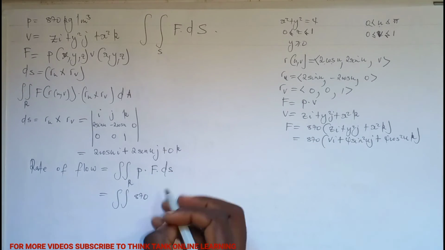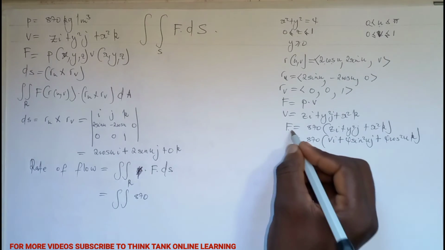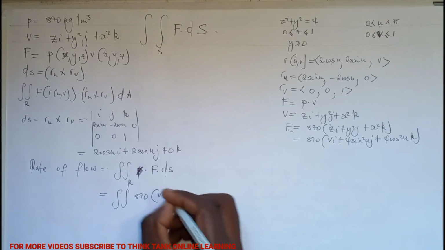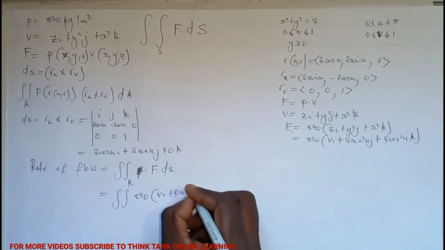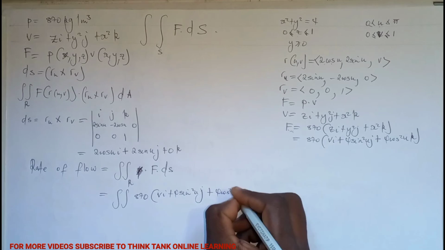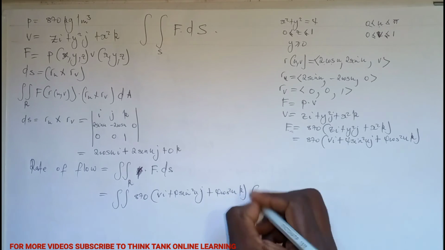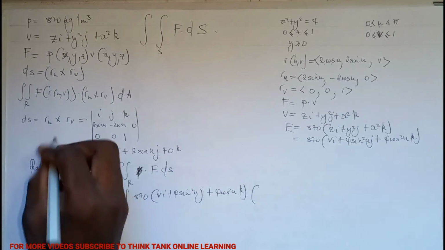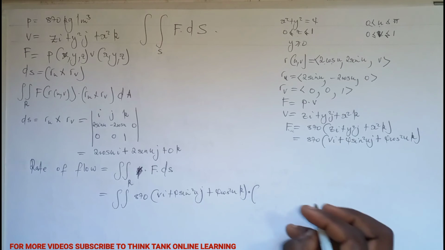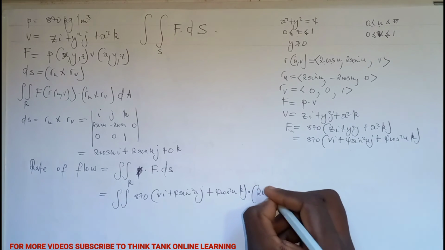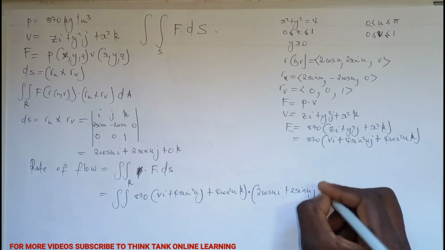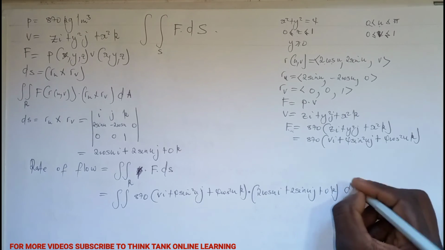There's no need for density separately here, since I said F equals density times velocity. So it's 870 times v i plus 4 sin squared u j plus 4 cos squared u k, multiplied by dS. We found dS using the cross product of r_u and r_v, so it's 2 cos u i plus 2 sin u j, plus 0k.